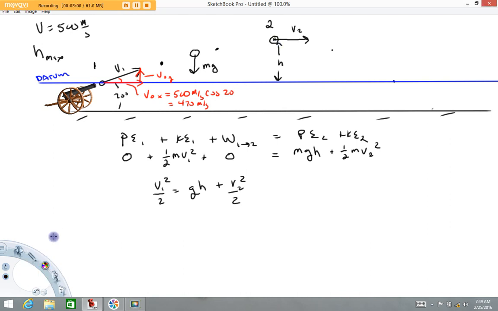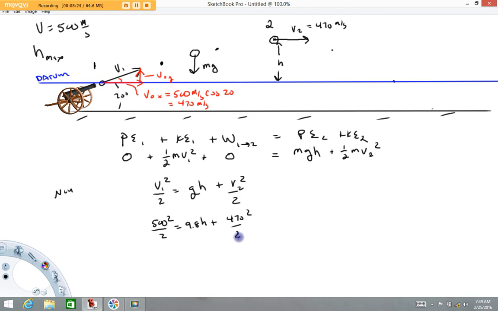So v2 is equal to 470 meters per second. Now I'm going to put in values, with a little NCU for note consistent units. So this is going to read 500 squared over 2 equals 9.8 h plus 470 squared over 2.